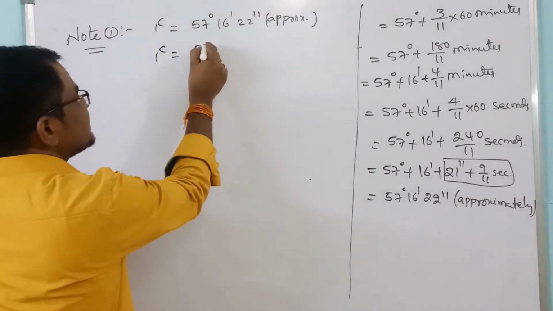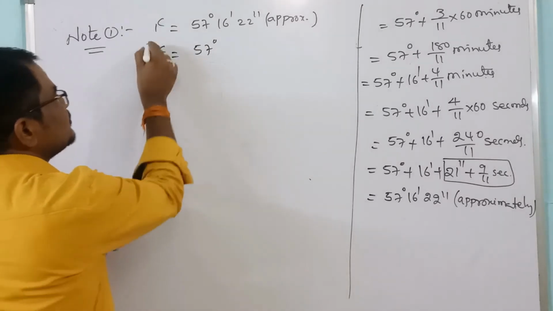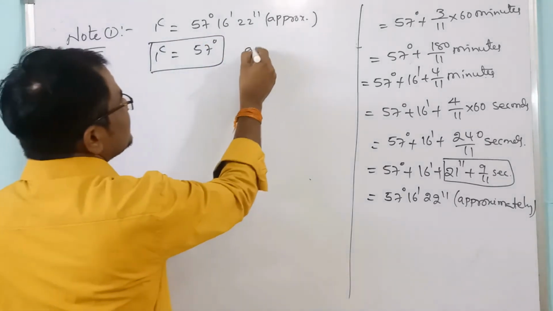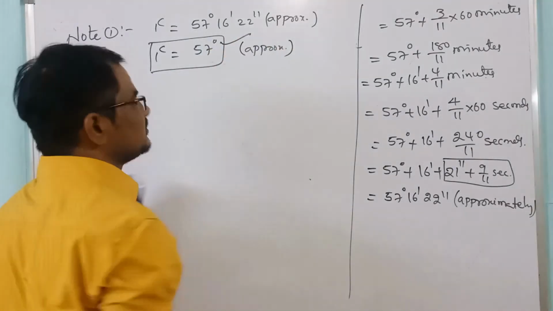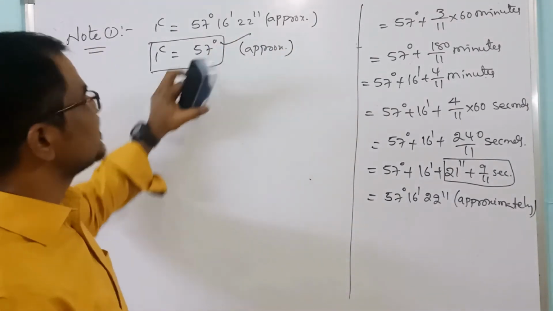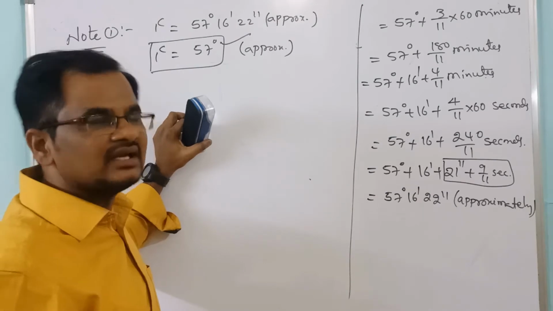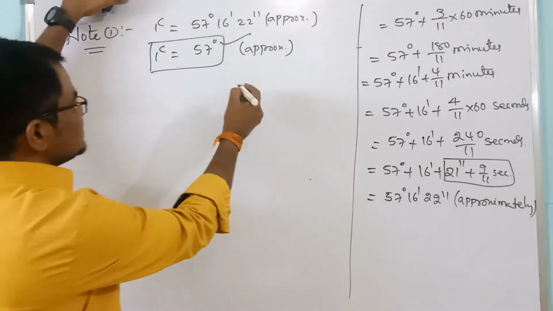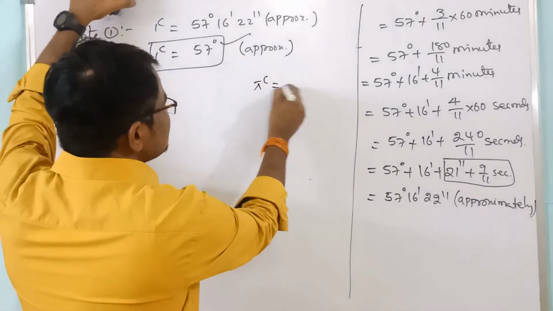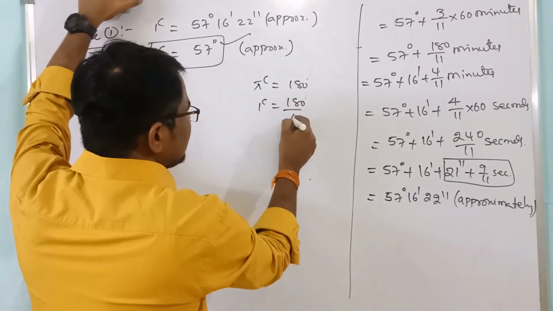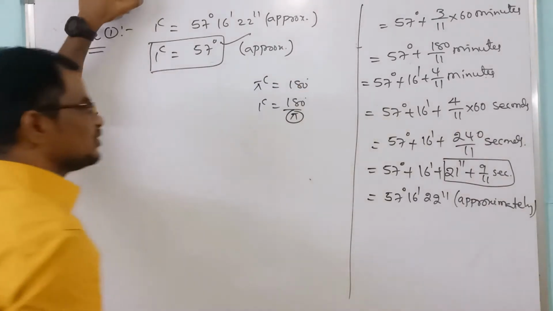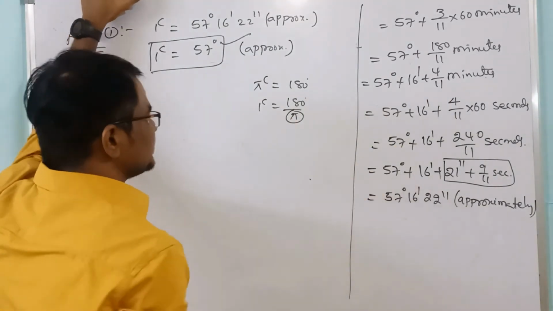Simply we will use like this: 1 radian equal to 57 degrees approximately. This is an important one. So 1 radian equal to approximately 57 degrees, right? Like this, pi radians equal to 180 degrees. 1 radian equal to 180 by pi. So pi equal to 22 by 7, you take and simplify, this one you got.